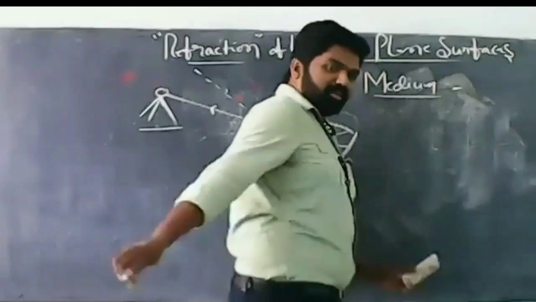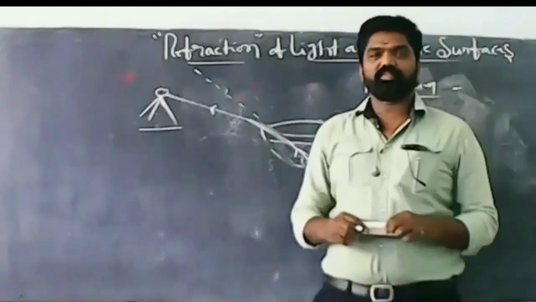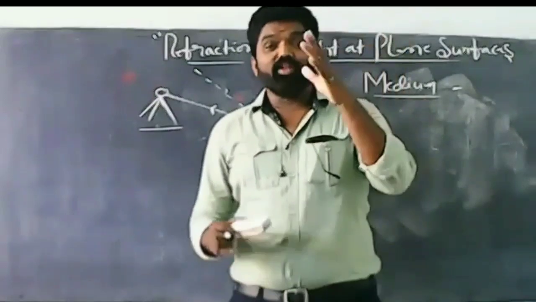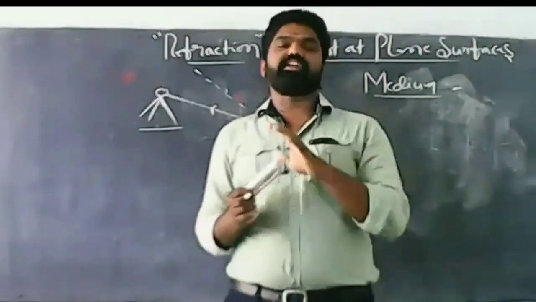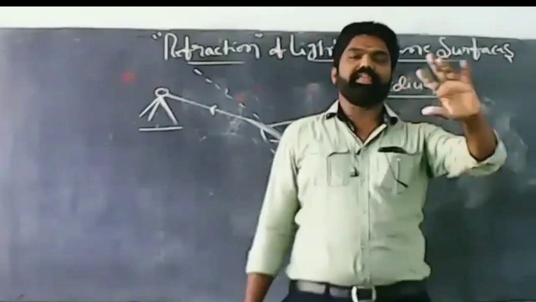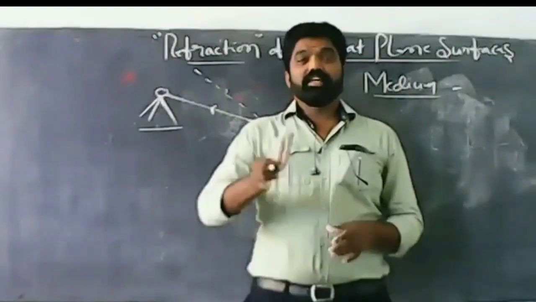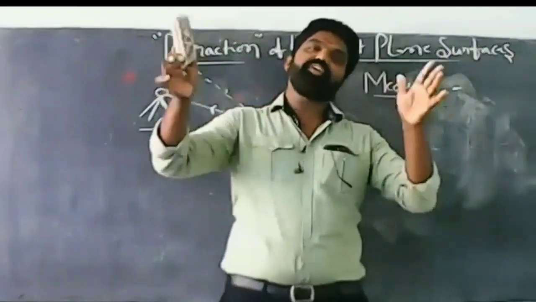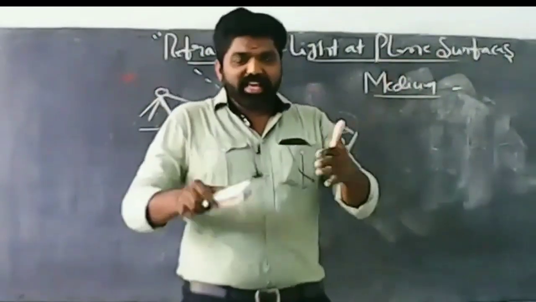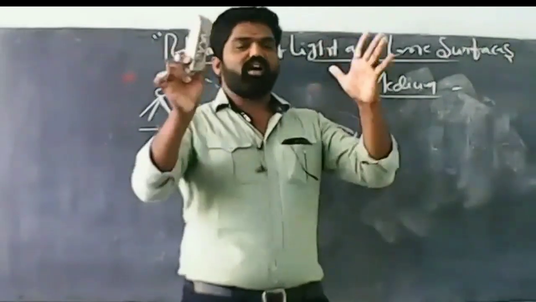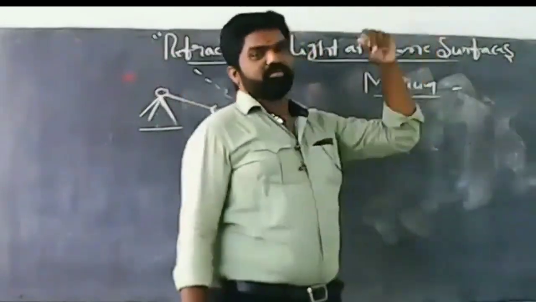Let us discuss medium. Any transparent substance that allows light efficiently through it is a medium. It means light rays pass through those substances. All those substances are called a medium.